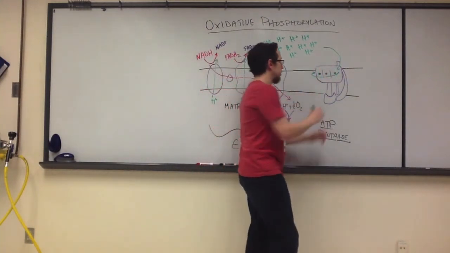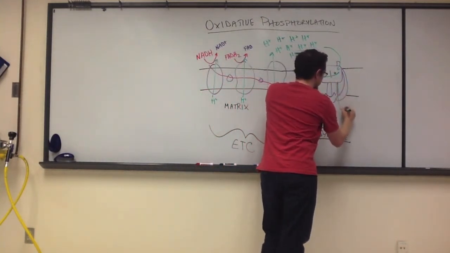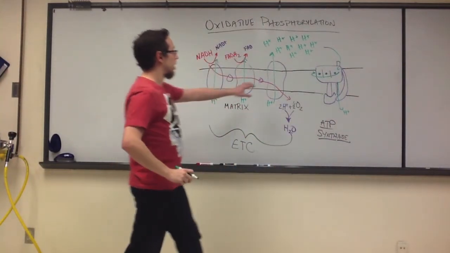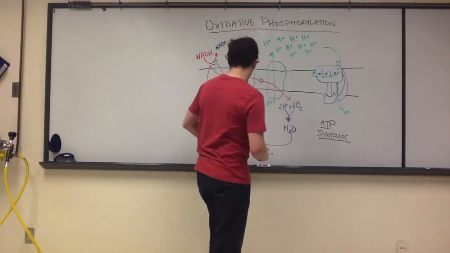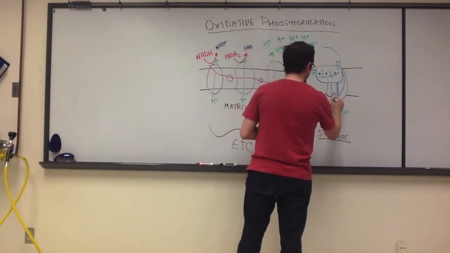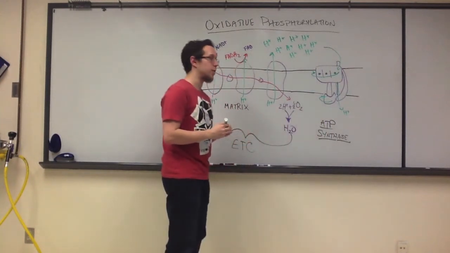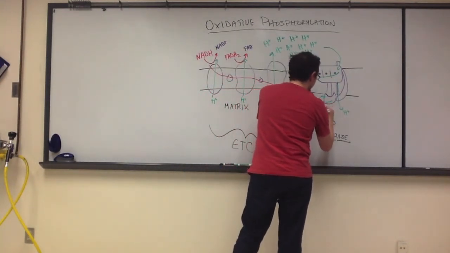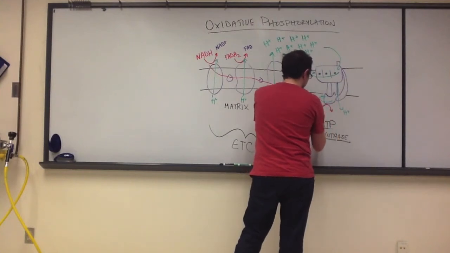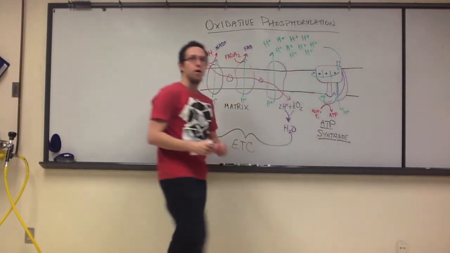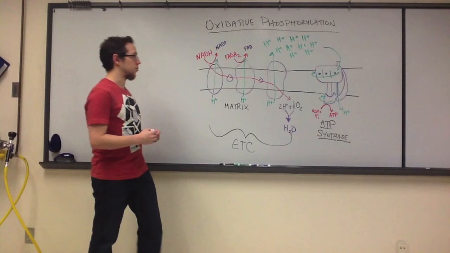As they turn it, protons will be released onto the other side of the mitochondrial inner membrane into the matrix, and as they cause it to spin, they also cause another region of the molecule to spin, and that motion, that proton motive force, is adequate enough to generate molecules of ATP from ADP and an inorganic phosphate.